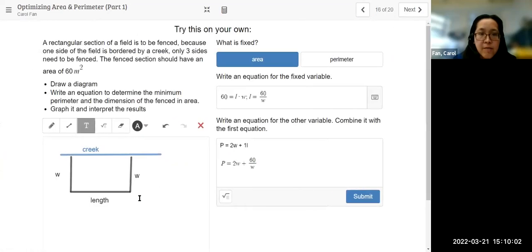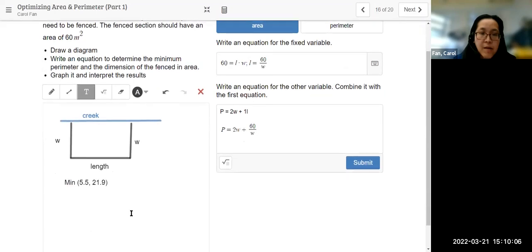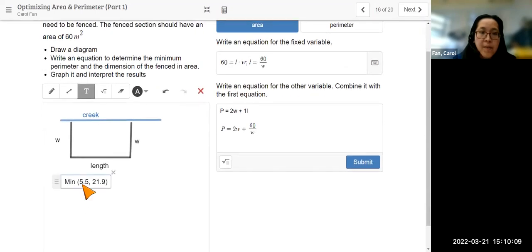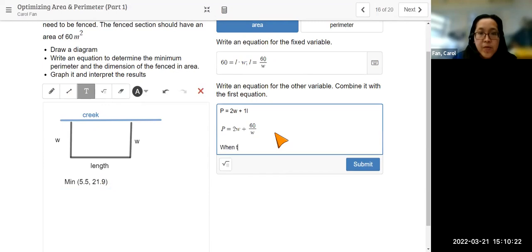So what that tells me is my x value is the width, y value is my perimeter. So when the width is 5.5, you get minimum perimeter at 21.9 meters.